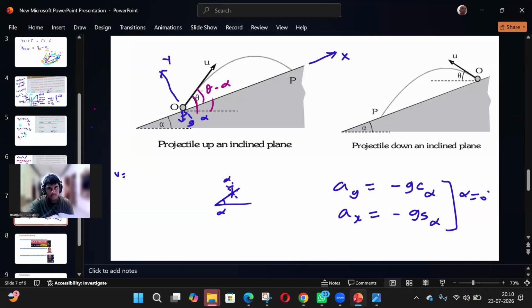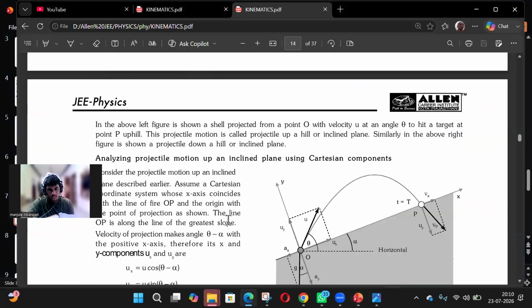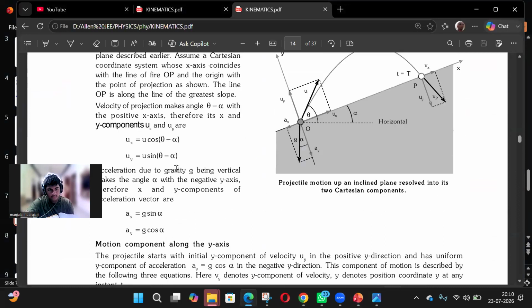So the remaining angle is theta minus alpha, which is with the x axis. So the x component of the initial velocity is u cos(theta minus alpha). So the meaning of theta is the angle of u with the horizontal and alpha is the inclination of the plane. Okay, uy is u sin(theta minus alpha).